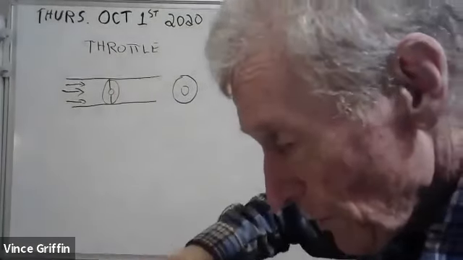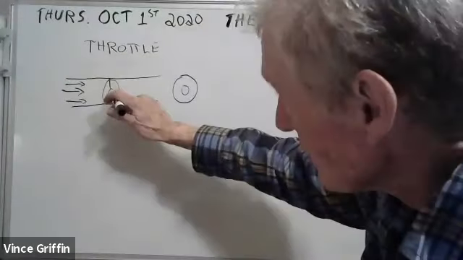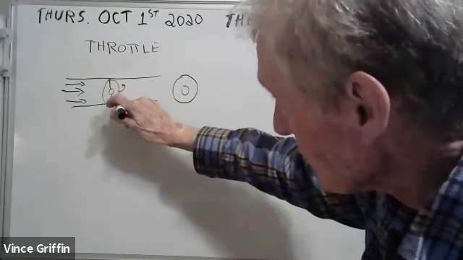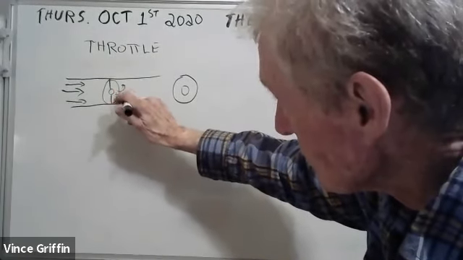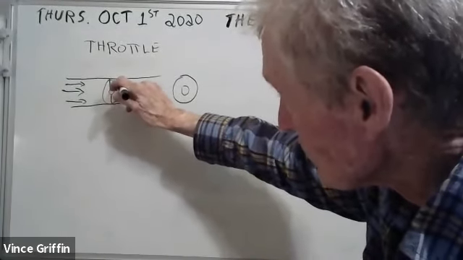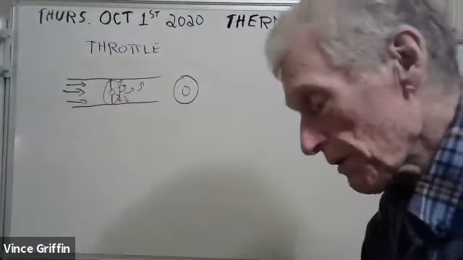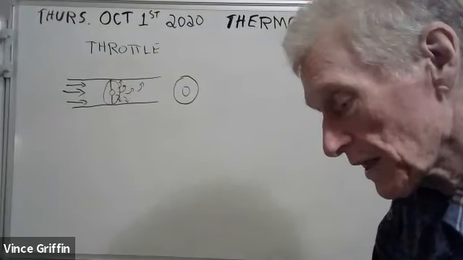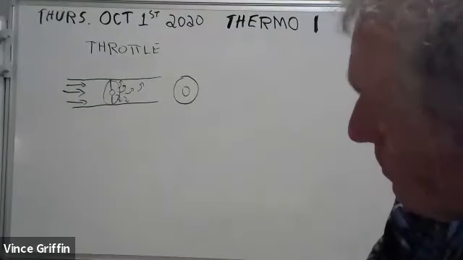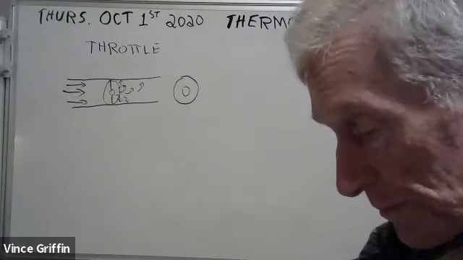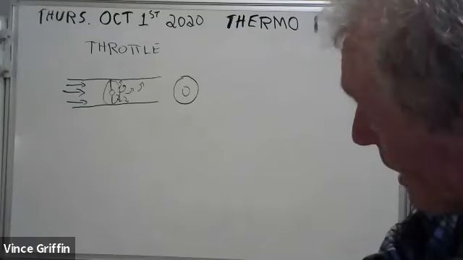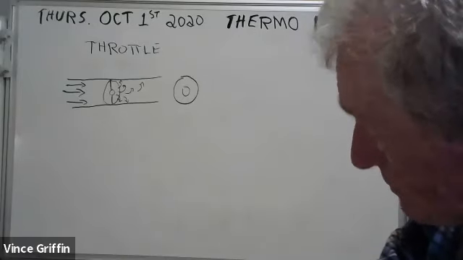And when the flow comes in, it swirls around and creates all this crazy disturbance here. It's not laminar flow anymore. And a strange thing happens. The pressure goes down and the temperature goes down. It's a throttle.